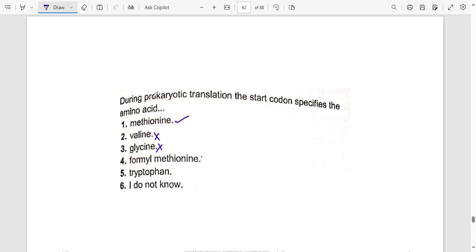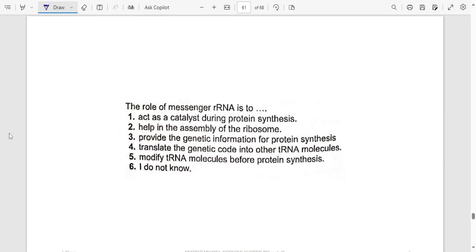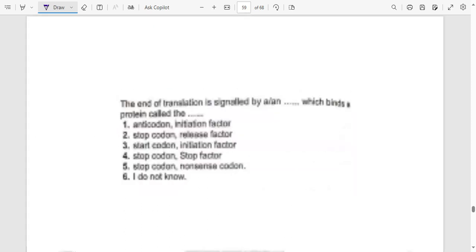So which one? So bacteria is what type of cell? Is it eukaryotic or prokaryotic? So this is the answer. This methionine is for eukaryotic cells. It's formylmethionine. We have done most of these.